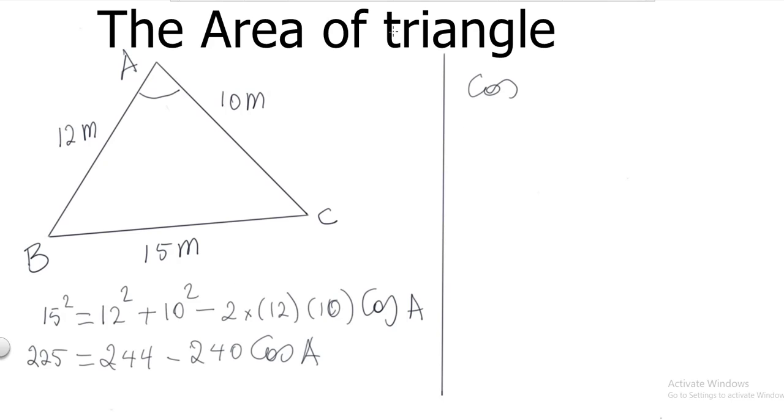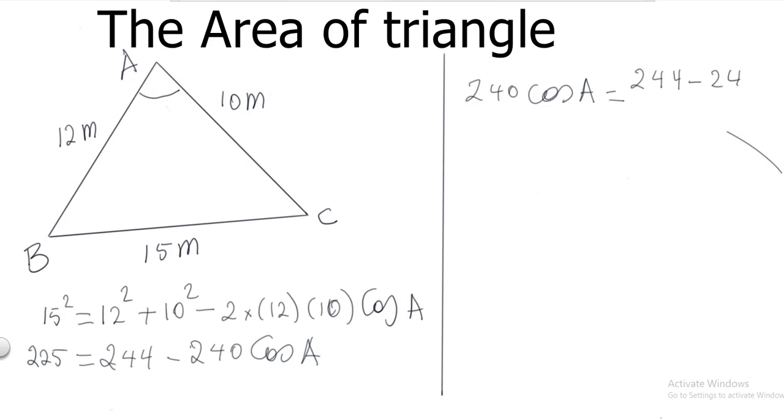So we'll have 240 cos A equal to 244 minus 225.